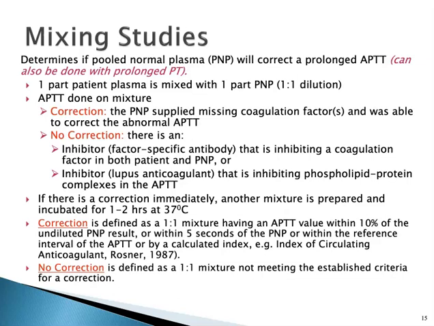But if you are doing it in the hospital, then you must follow the protocol that the hospital gives you. And no correction is defined as a one-to-one mixture not meeting the established criteria for a correction. So anything else other than what is listed for a correction.